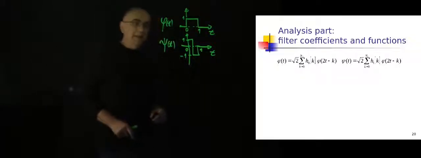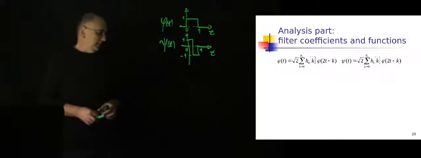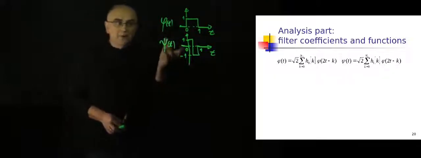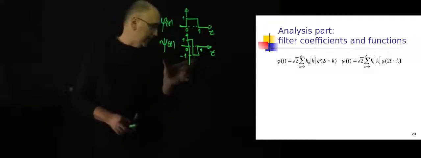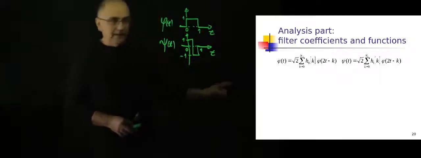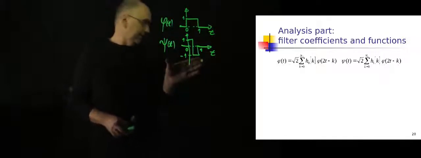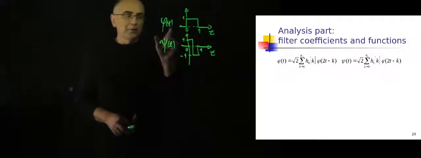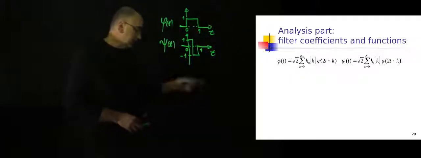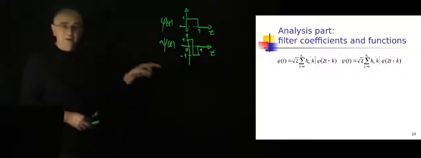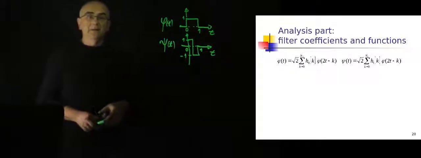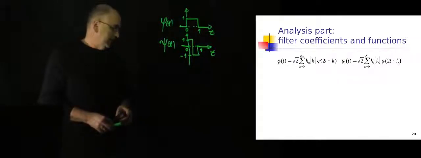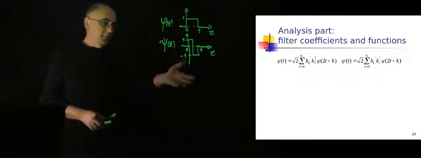If this is the claim, then I must be able to construct on the right hand side my wavelet function as a linear combination of double speed scale functions, eventually shifted by an integer value. That's what is written on the right hand side in that equation. Let's do it.